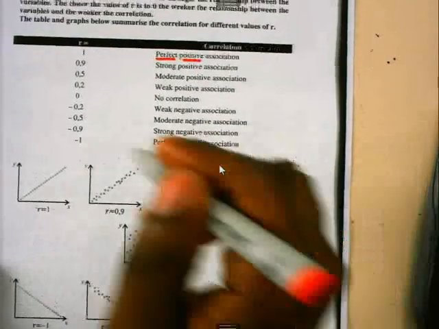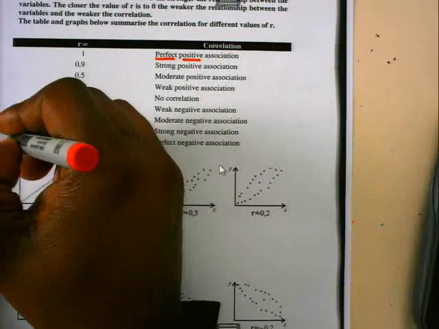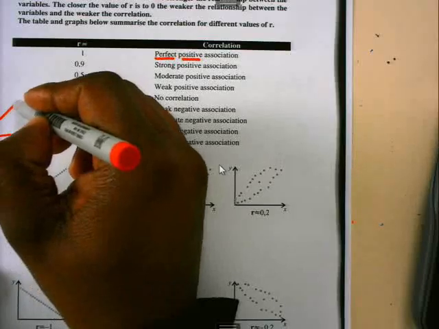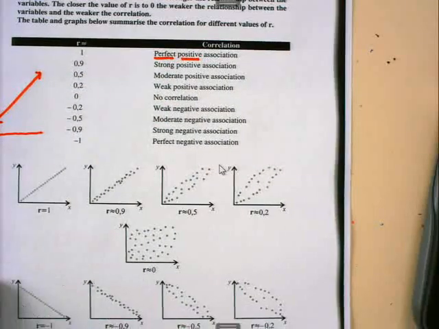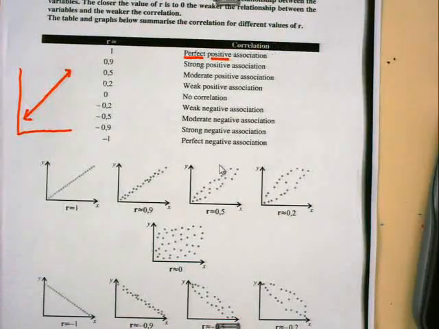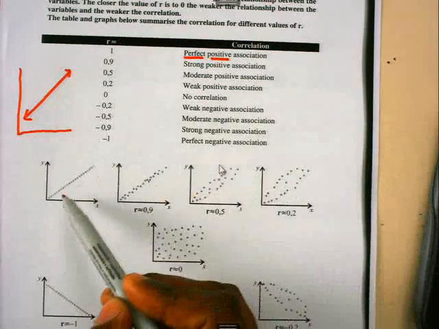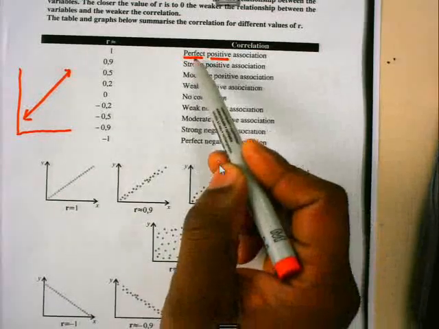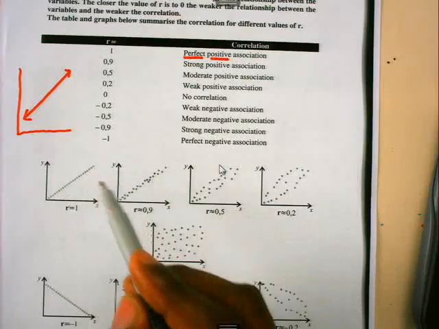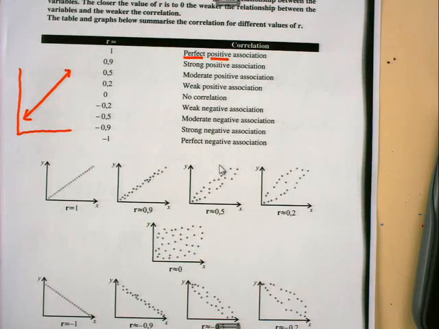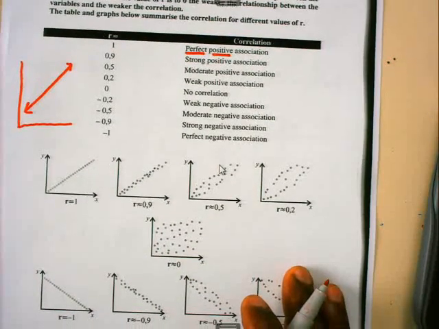Remember your straight line graph? I'll just draw it here. If the line is like this, then we know that we have a positive gradient. The gradient is always positive. That is why here we say perfect. The points are just perfect on a straight line, but they are positive. Perfect, positive.